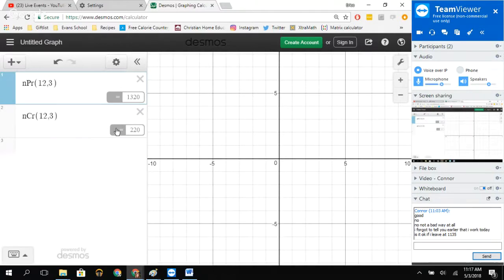So you can see being picky about the order makes a huge difference in the number of possibilities. If we just want a group of 3 out of 12, there's 220 ways we can make that. If we want a group of 3 in a specific order, then we have 6 times as many permutations.